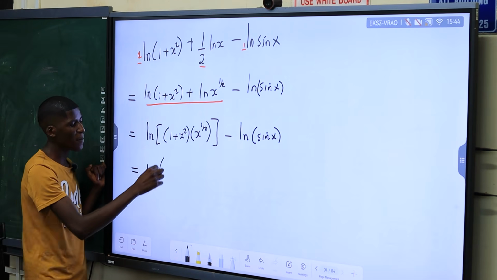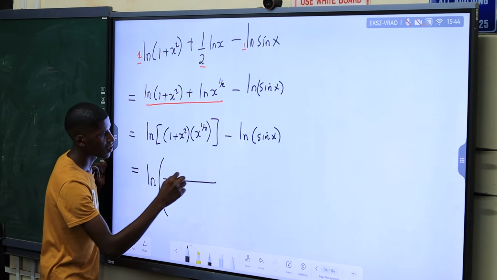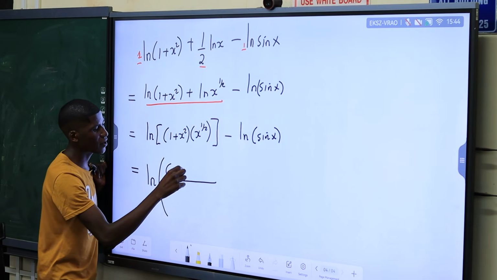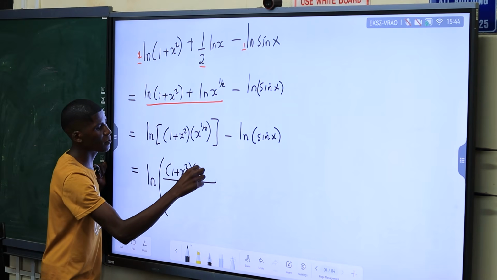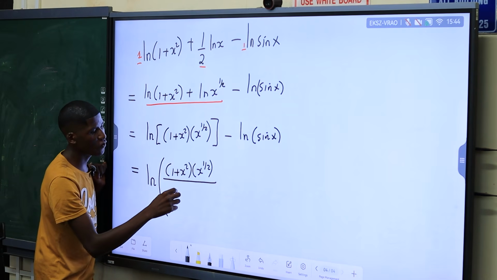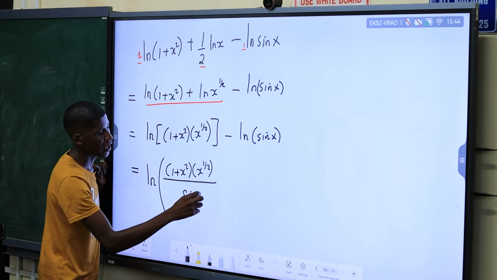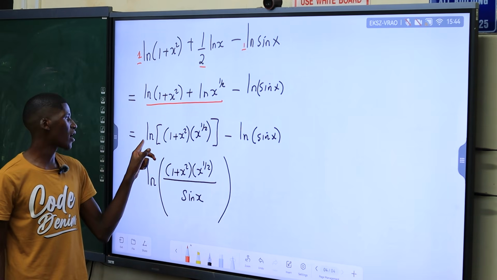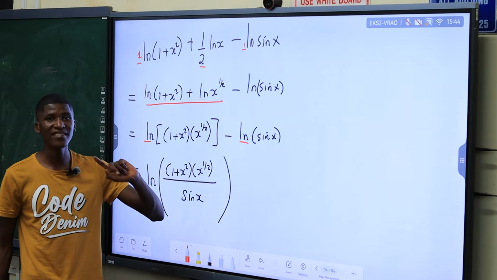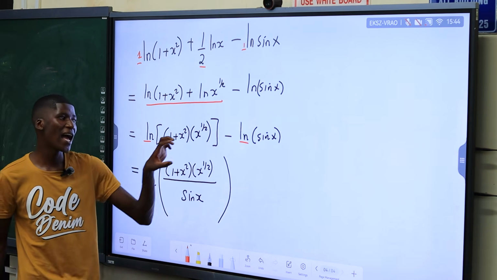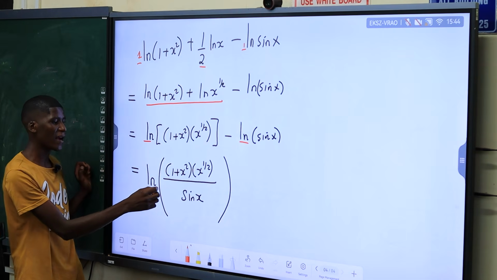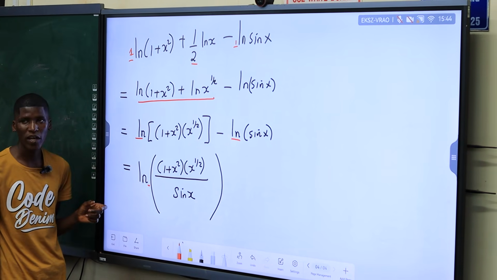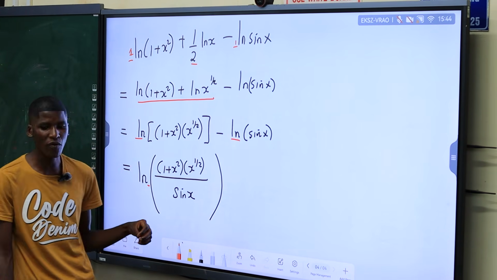So this is going to be ln of 1 plus x squared times x to the power of 1 over 2, over sin x. Because when we subtract two logarithmic functions with the same base, we can divide their arguments and have only one logarithmic function.